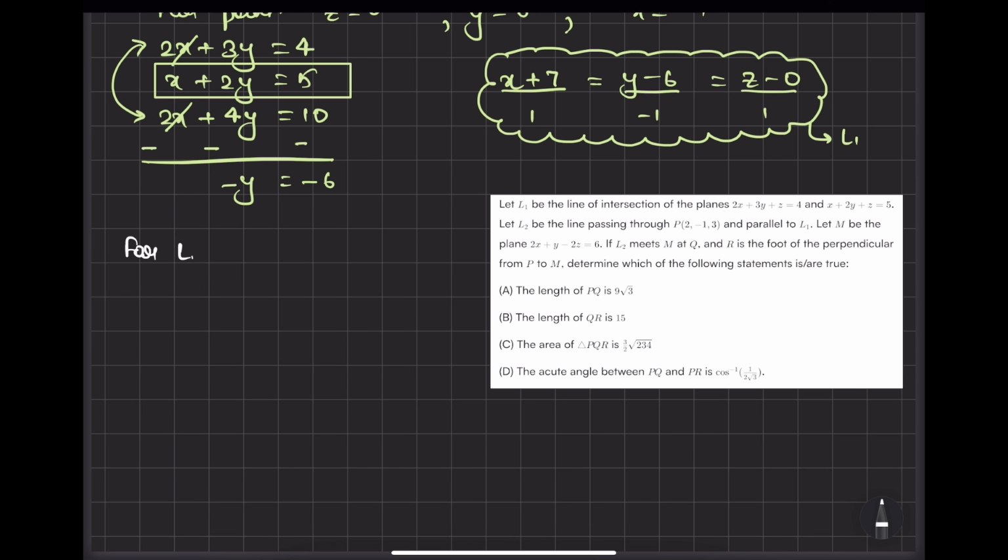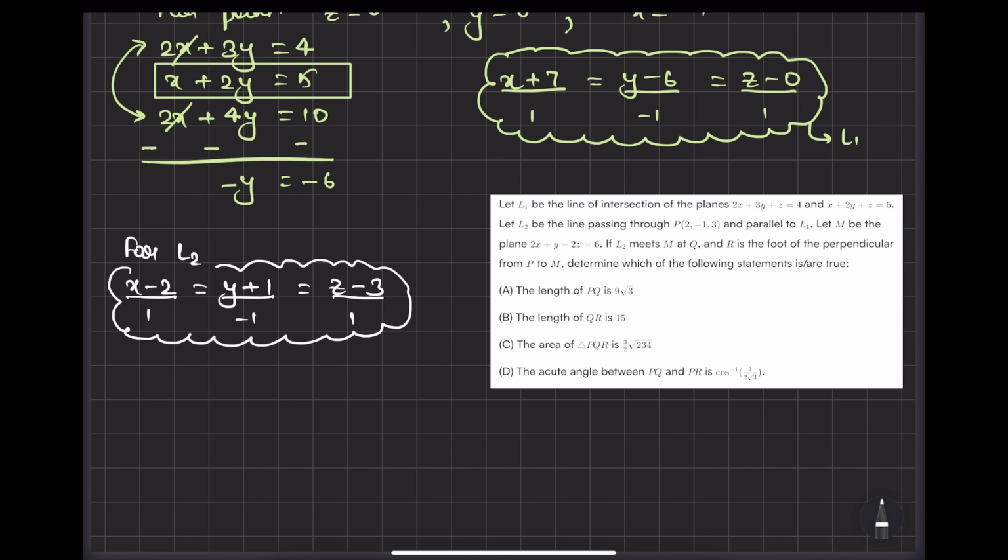L2 is passing through point P. So it is x minus 2, y minus minus 1, so y plus 1. And then z minus 3. And this line is parallel to line 1, so we can use their vector. So 1, minus 1 and 1. So this is your line 2.